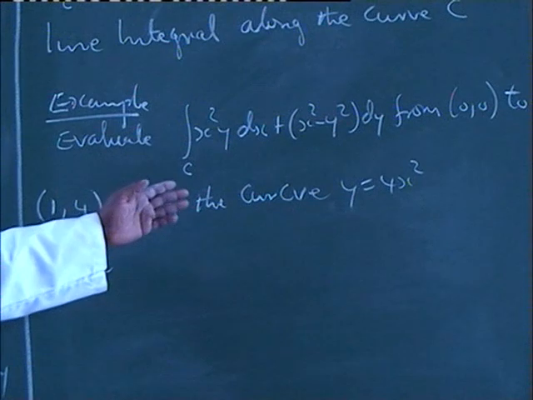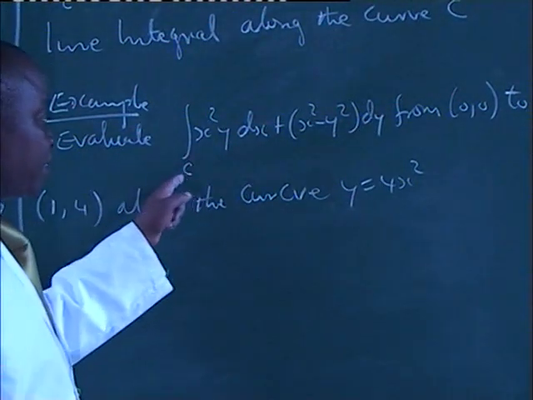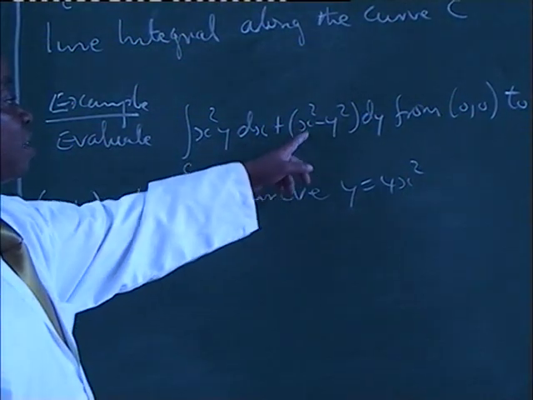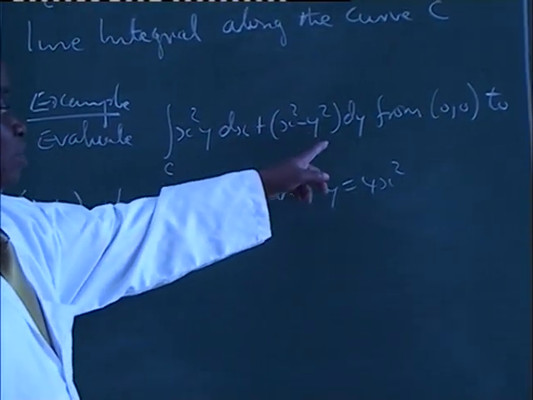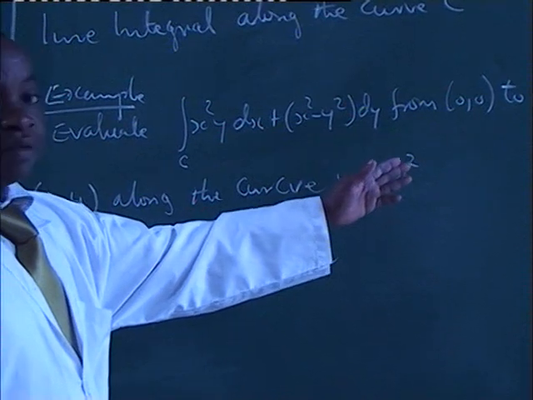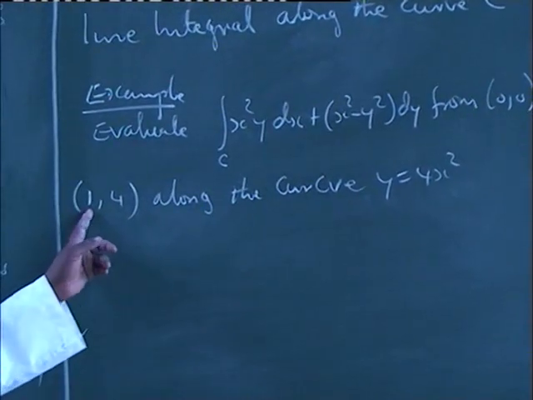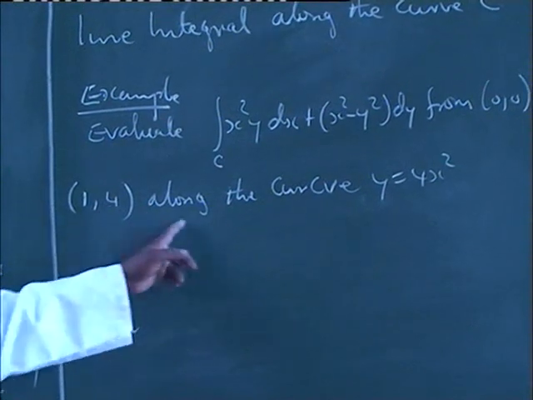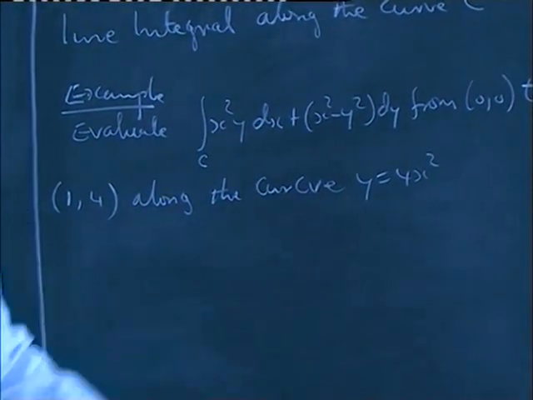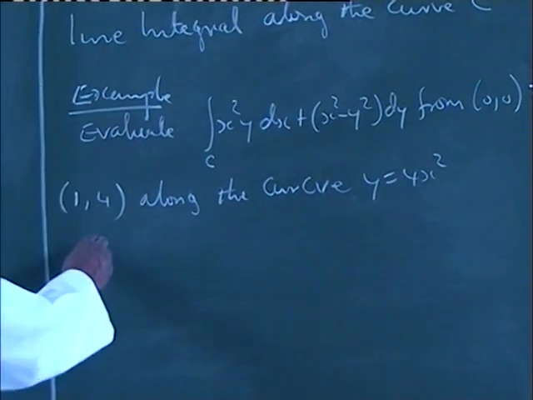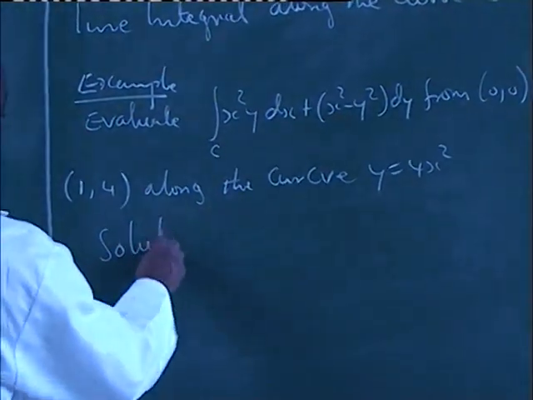We are asked to evaluate the integral over C of x squared y dx plus (x squared minus y squared) dy, from 0, 0, that is from the origin, to the point where x is 1 and y is 4, along the curve y equals 4x squared. Okay, so we'll pick the solution.